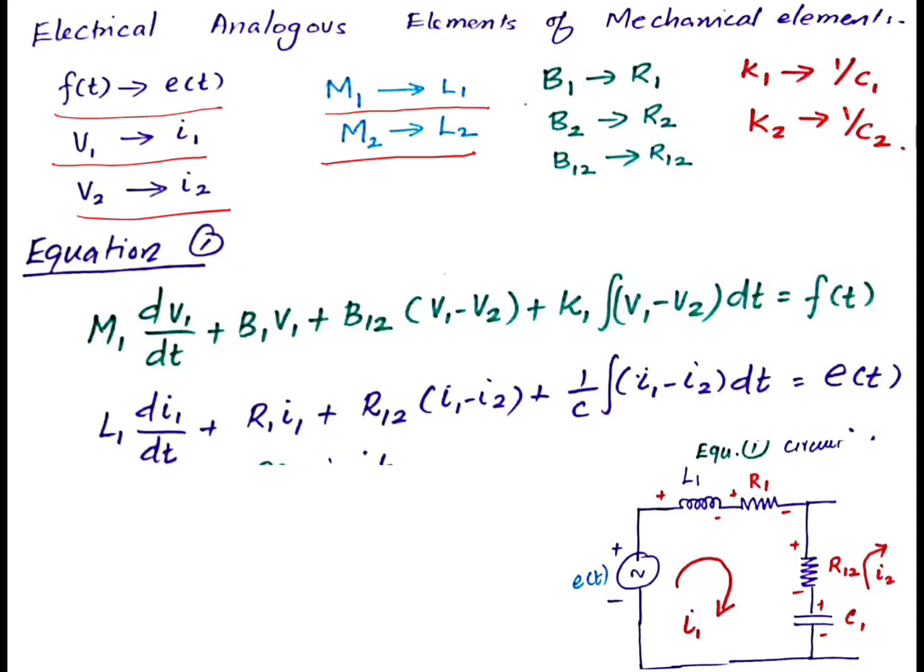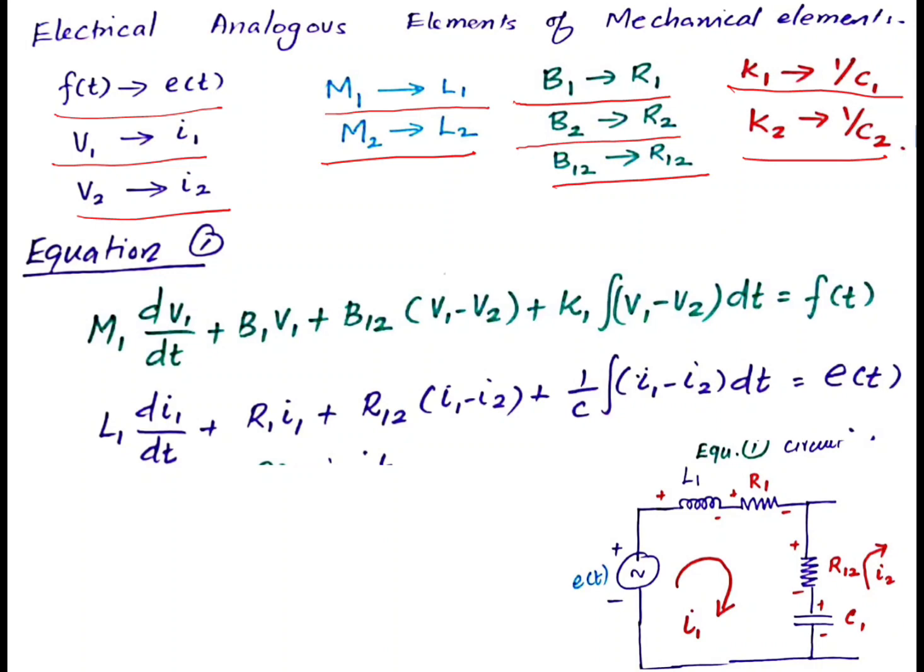Spring K1 is equivalent to 1 by C1 and K2 is equivalent to 1 by C2. Dashpot friction B1 is equivalent to R1, B2 is equivalent to R2, B12 is equivalent to R12. We are going to simply replace the terms.